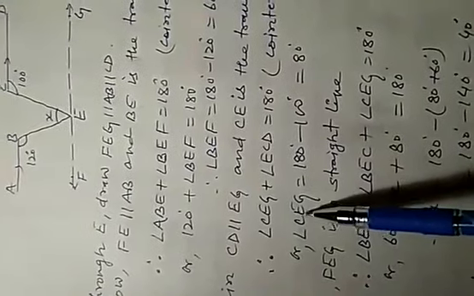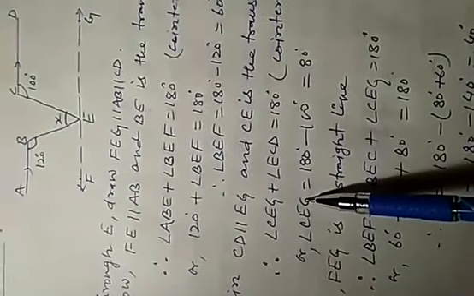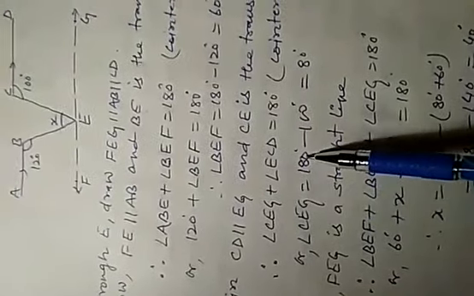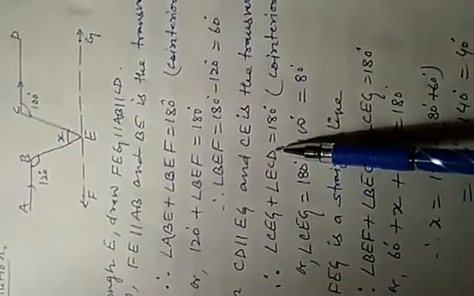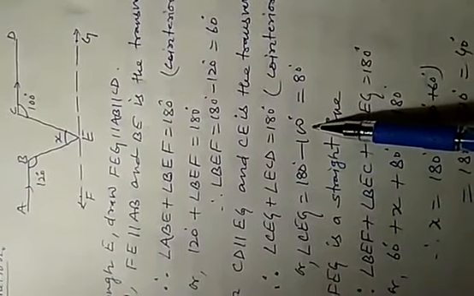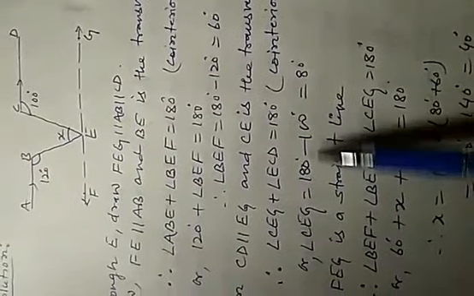Co-interior angles. Or angle CEG is equal to 180 degrees minus 100 degrees, because angle ECD is equal to 100 degrees. Then 180 degrees minus 100 degrees is equal to 80 degrees.